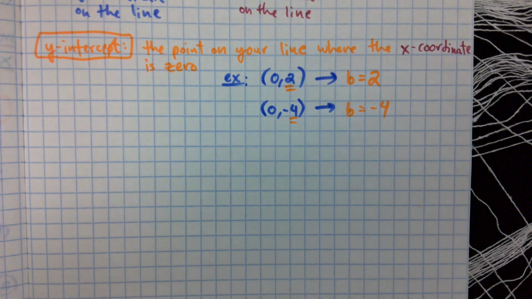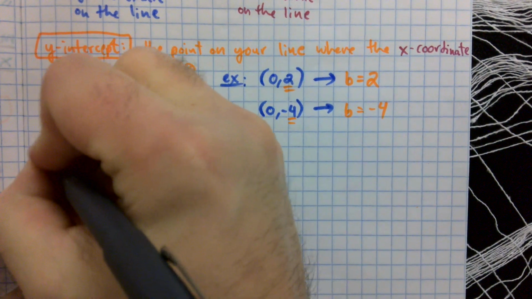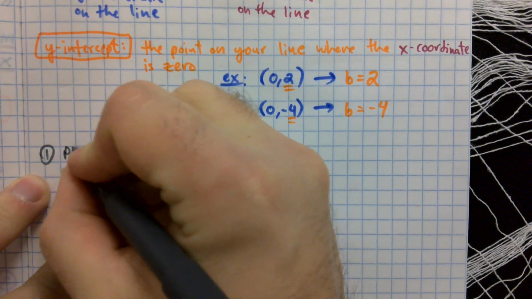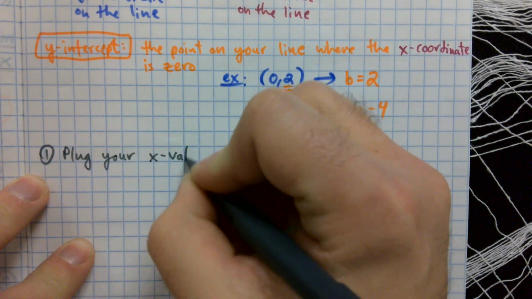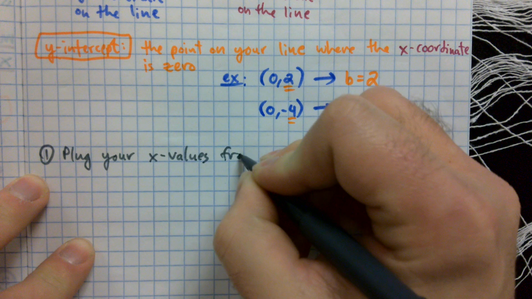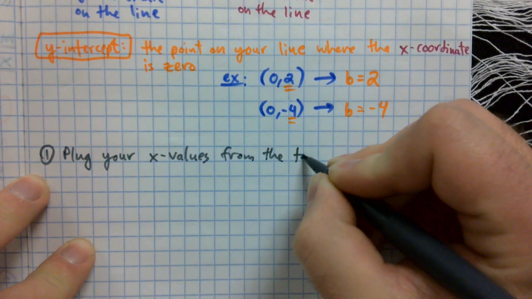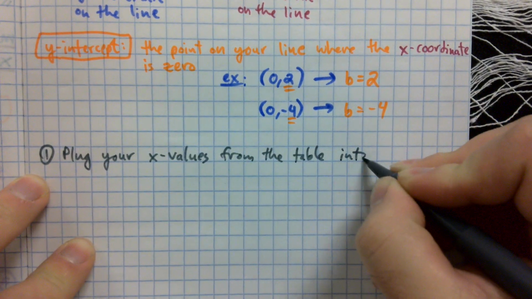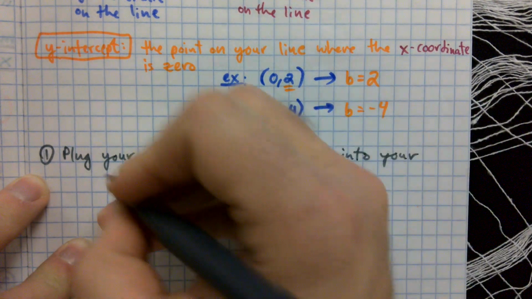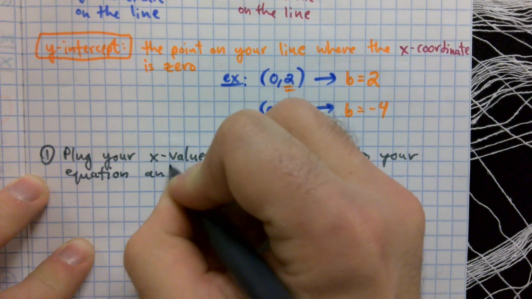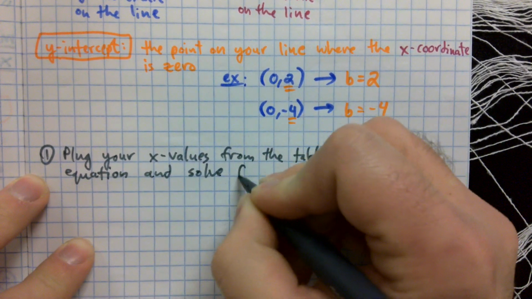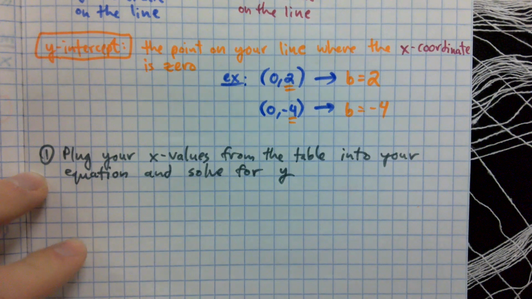So, we're going to break down exactly what we did in the warm-up into 4 nice, easy steps. The first step being, plug your x values from the table into your equation and solve for y.